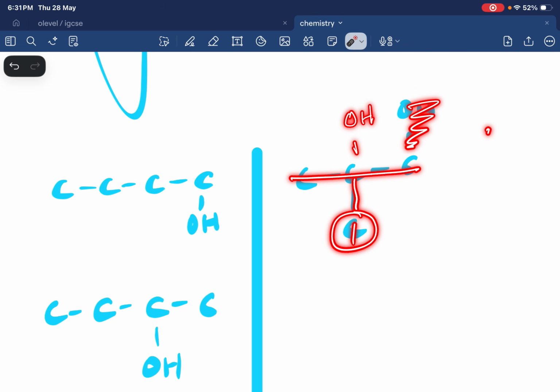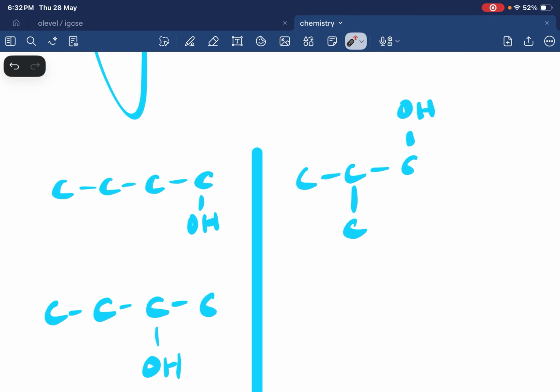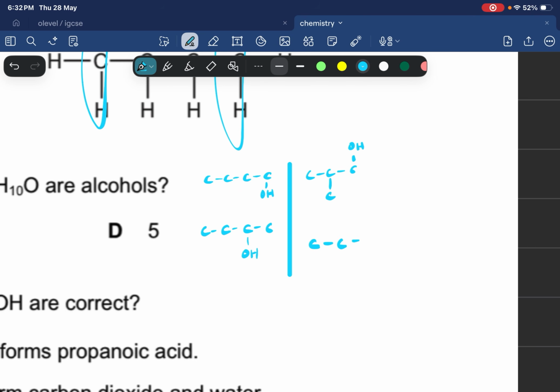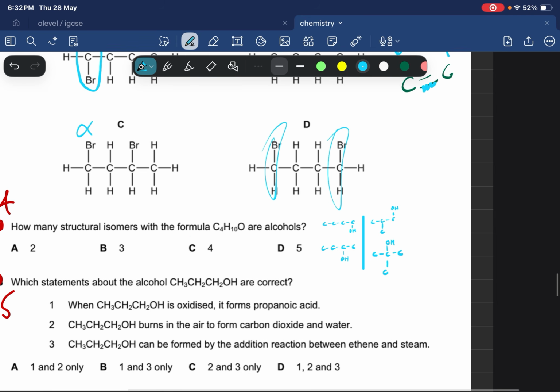Then I'm going to consider this as my longest chain. The second one has a branching, and the second one has an OH as well. So 1, 2, 3 carbon, OH. So 1, 2, 3, 4.